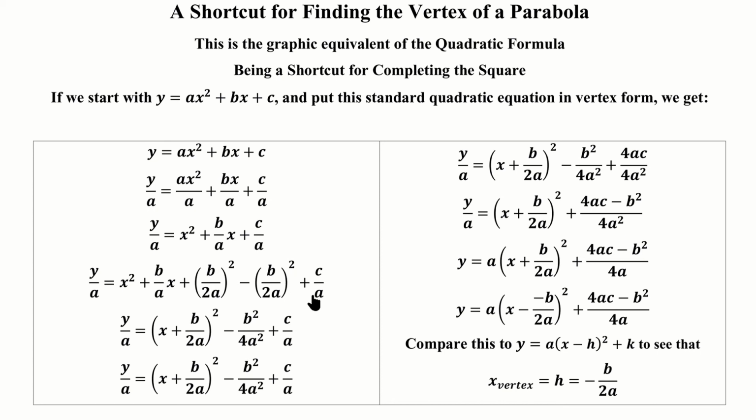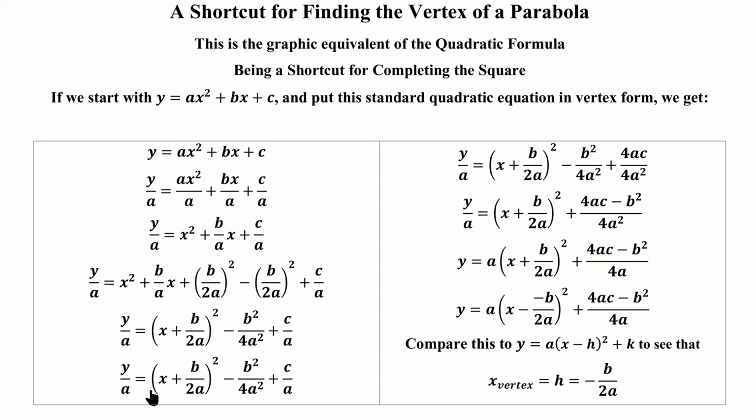We don't forget the plus c over a, which was already there. So we have just created a perfect square trinomial. Those are going to turn into the quantity x plus b over 2a squared minus b squared over 4a squared, that's just squaring that, plus c over a.